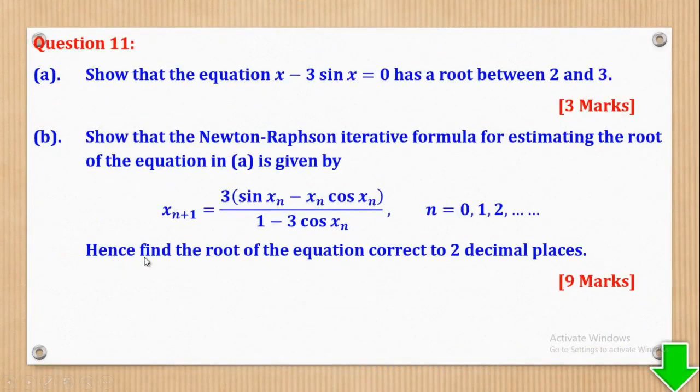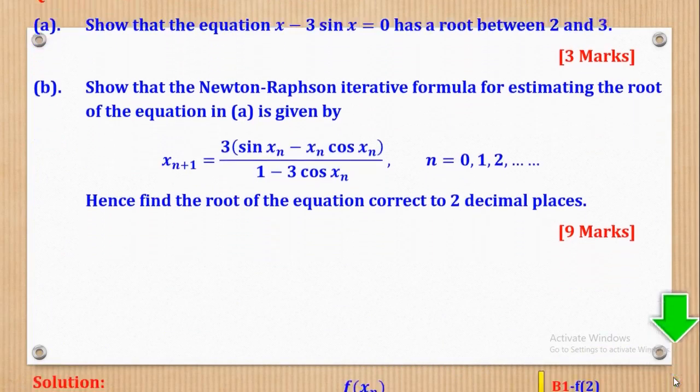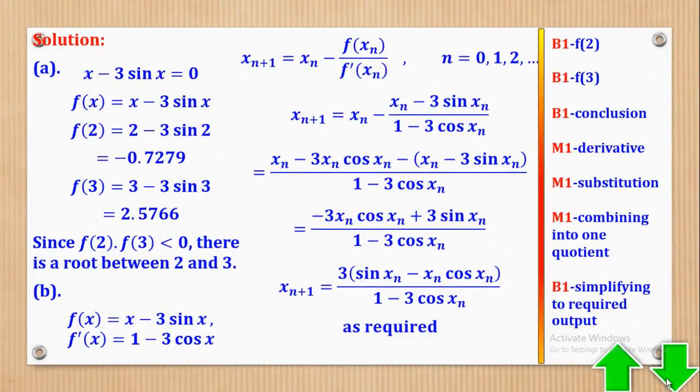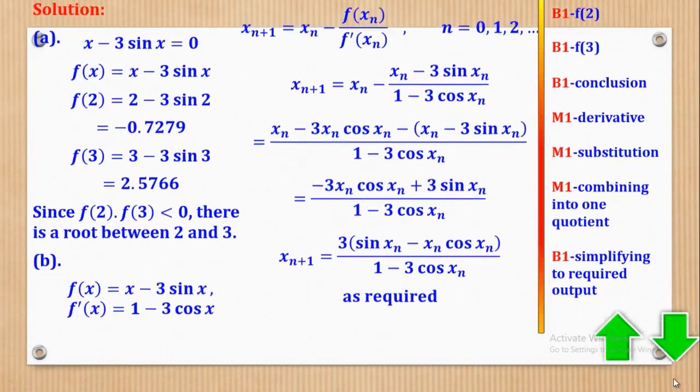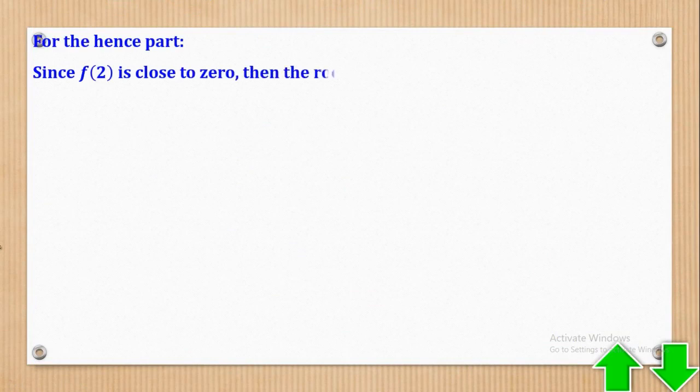They told us, hence find the root of the equation correct to 2 decimal places. For the hence part, we first have to get x naught, the initial approximation. If you look at f3 and f2, you realize that the value of f2 is closer to 0 than the value of f3, meaning that the root is closer to 2.